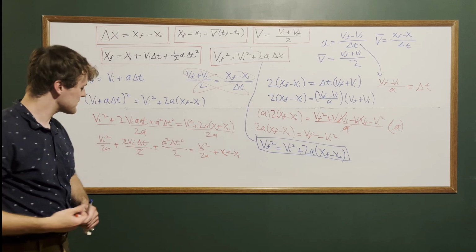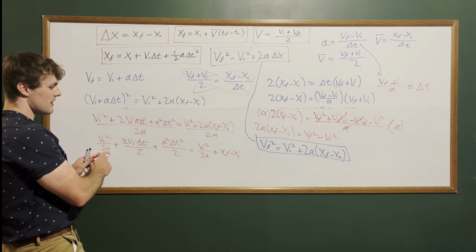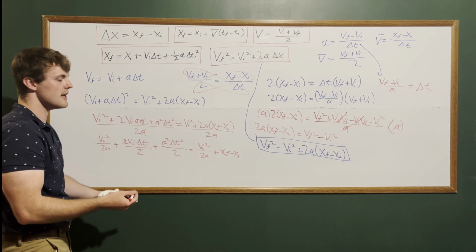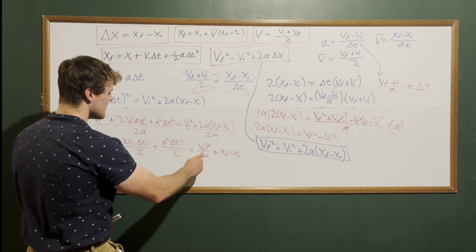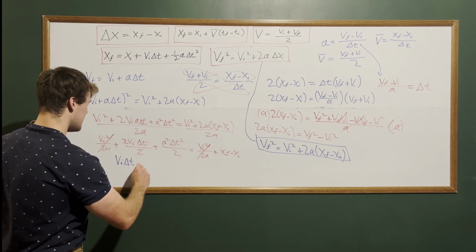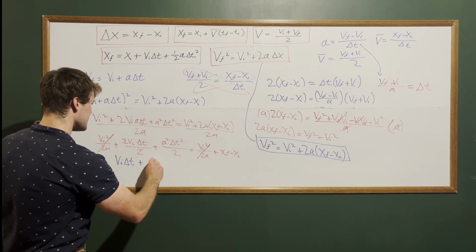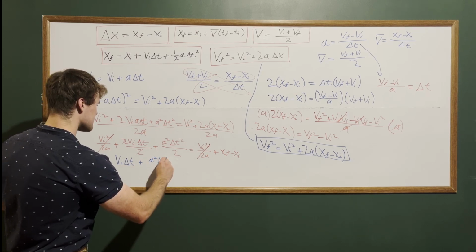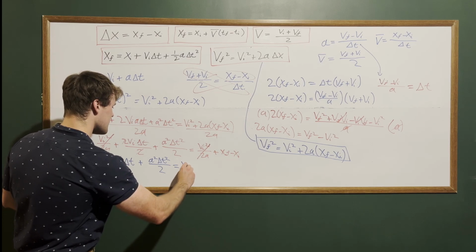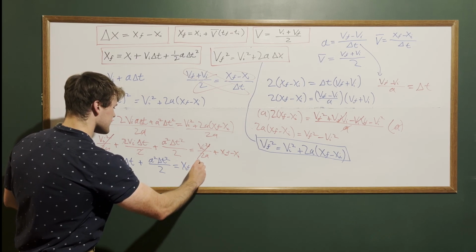Okay, so I know this looks a little gross, but this variable and this variable are the same. I could subtract it to the other side, but they're just going to cancel. We have vi delta t plus a squared delta t squared over 2 equals xf minus xi.